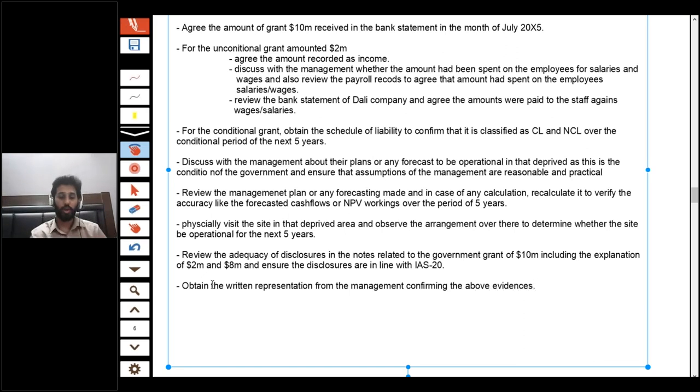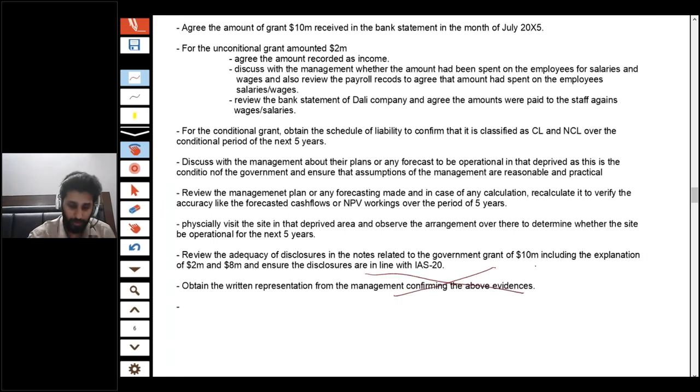Not at all. You should not write things like that. Confirming the above evidences: no, I will be marking it with a big cross. You should not write it that way.